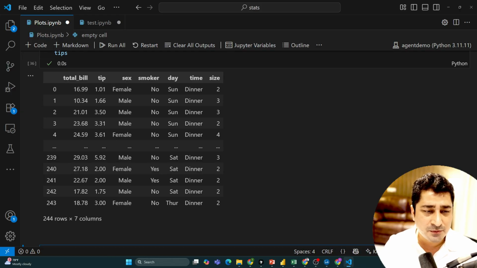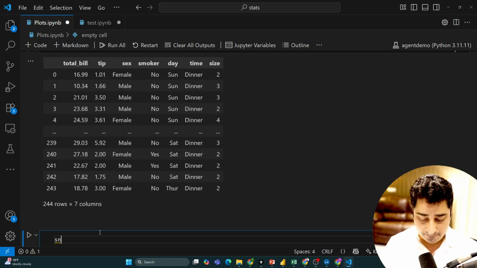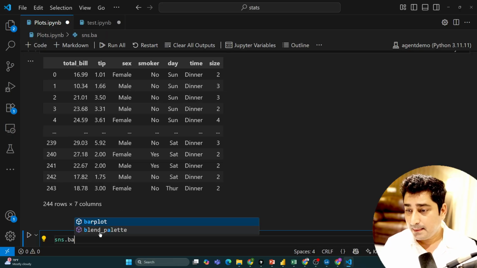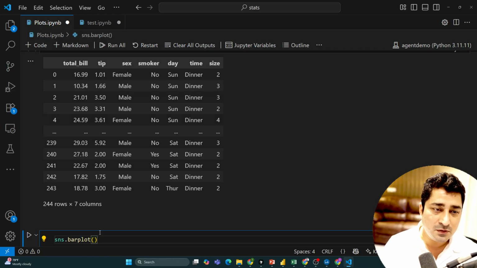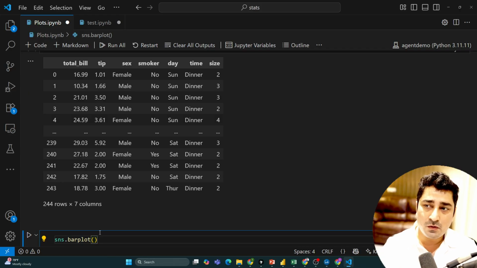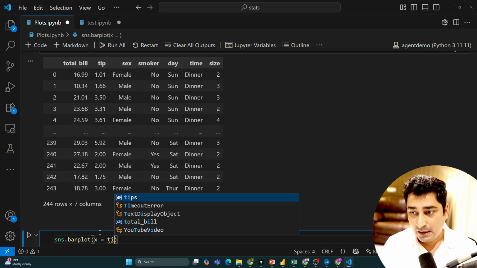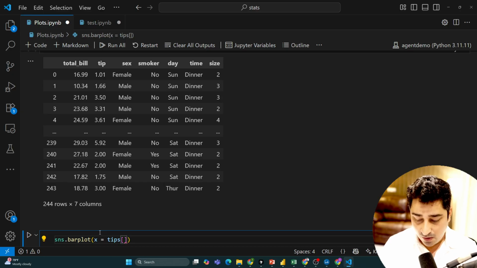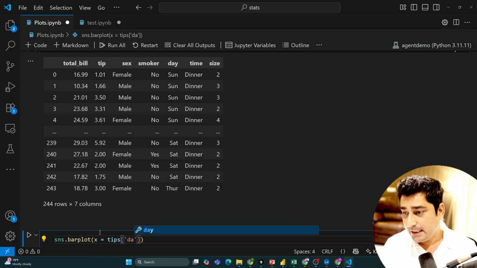So if I have to do a bar plot over here to build some story, I have to give an x-axis. Let's suppose as part of a bar plot, I would like to show you the average tips per day. So my x is going to be tips data of day.